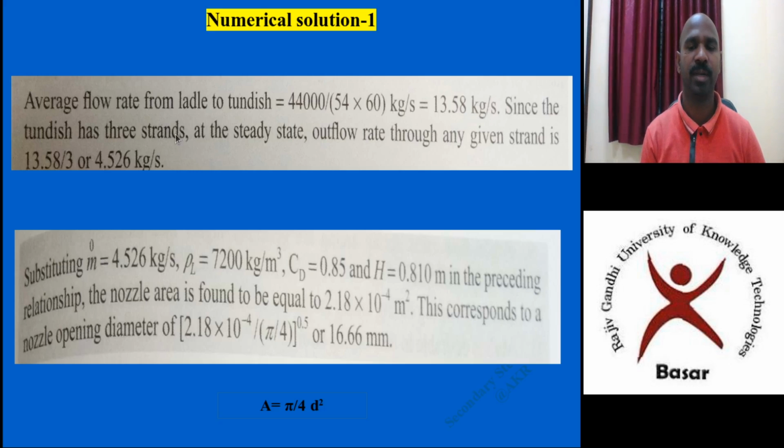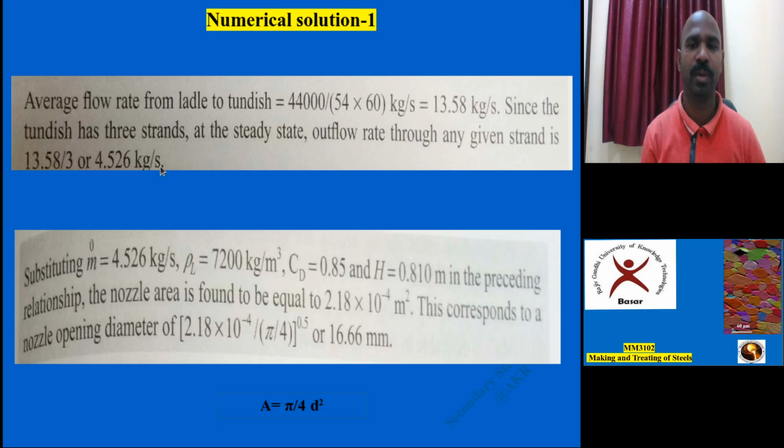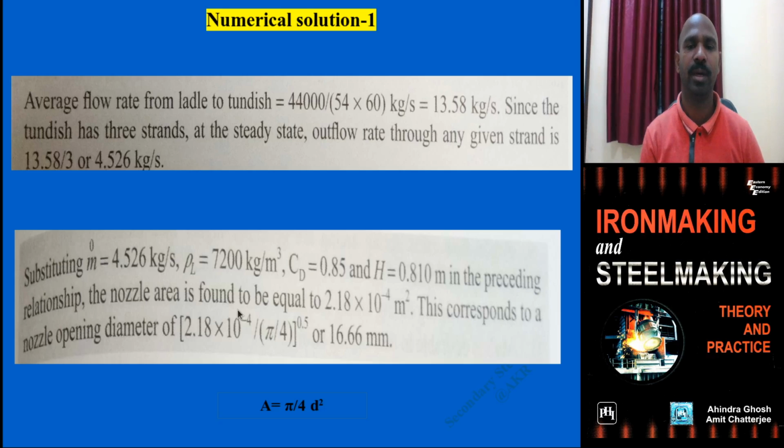Since it is a 3 strand system, as given in the problem, you need to divide by 3. That means from one strand opening the flow rate is 4.526 kg per second, divided into 3 strands. Now calculating m dot, the density of the liquid, discharge coefficient and height are given.